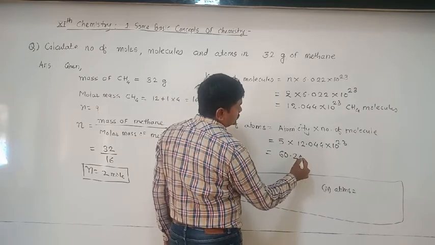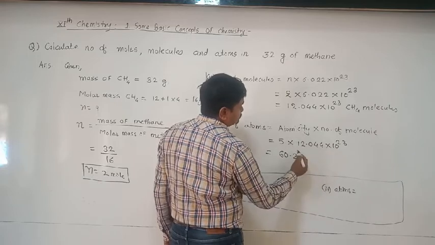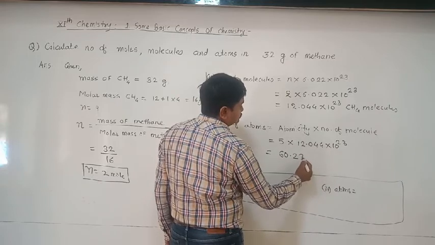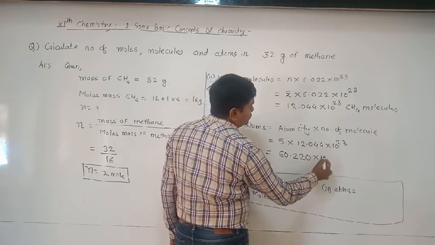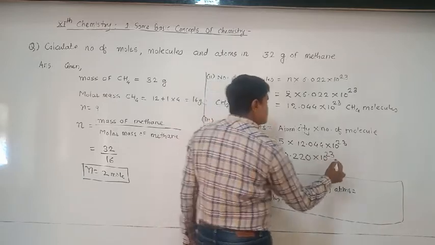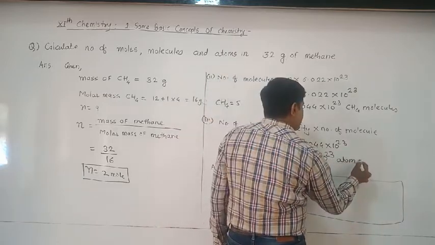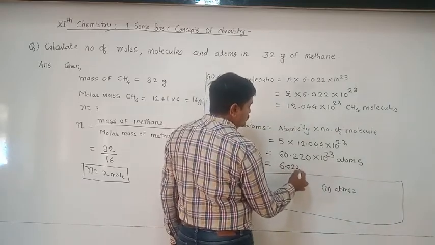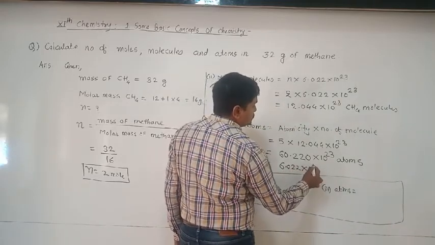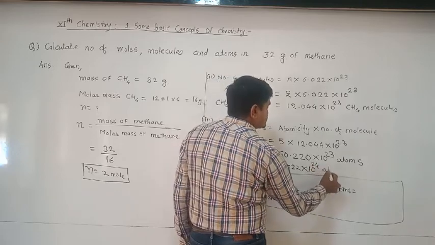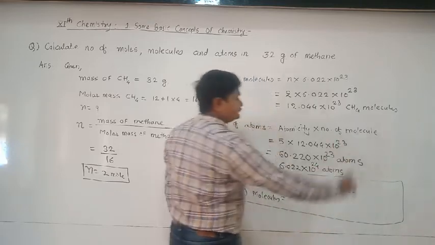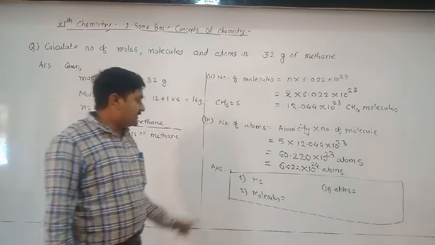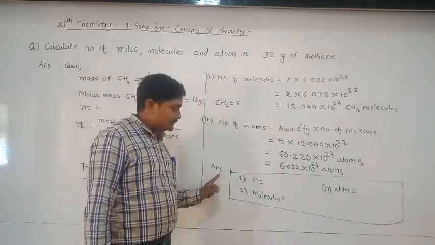60.2 into 10 raised to 23 atoms. That is, I can write like this: 6.022 into 10 raised to 24 atoms. Then finally I write the answer like this.